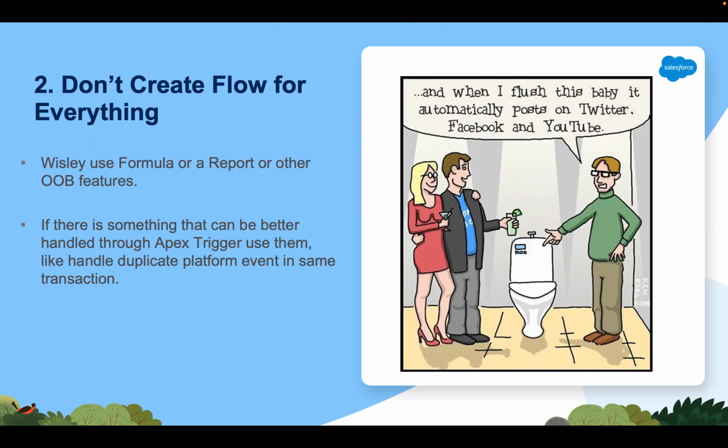But if you want to do the vice versa, when an account gets closed and you want to take the recent closed opportunity's amount and put it on the account, you may want to use Salesforce flows or automation tools. But again, if you want to bring some value from parent to child object, no, a Salesforce formula is the right option. So likewise, there are such scenarios where you can use a Salesforce report or any other out-of-the-box feature to handle things better rather than just going through Salesforce flows.